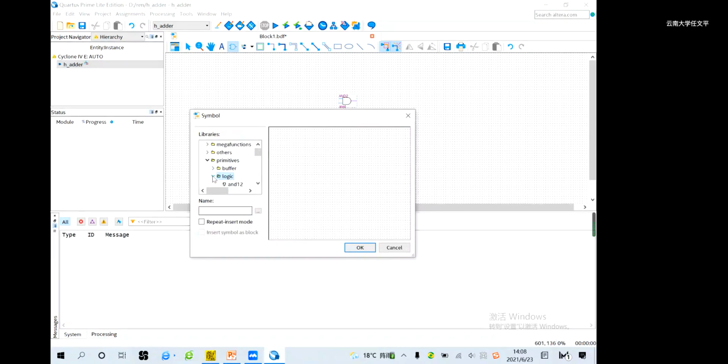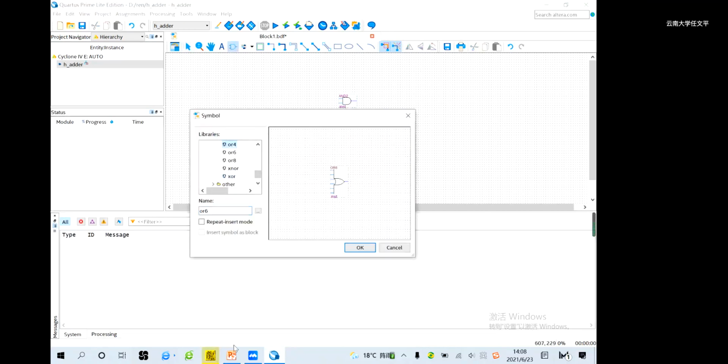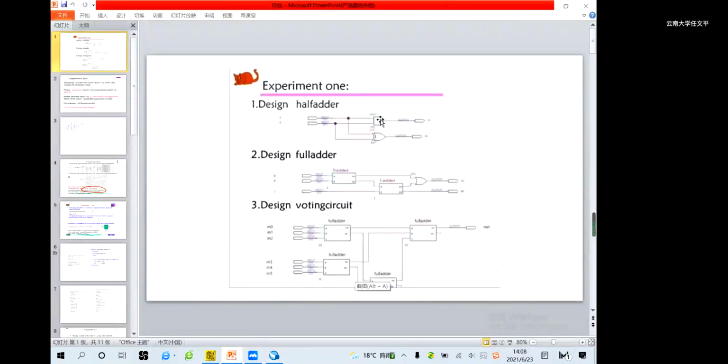XOR, the exclusive-OR gate. Look, AND gate and XOR gate. Next I must find the input pin and output pin.